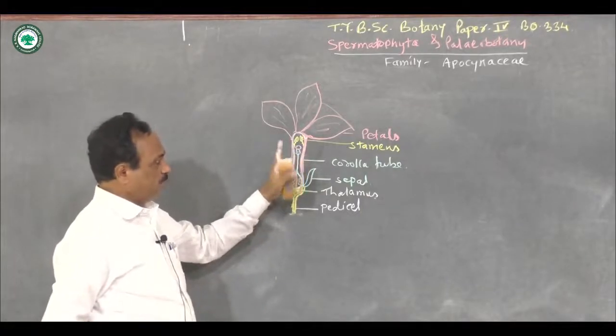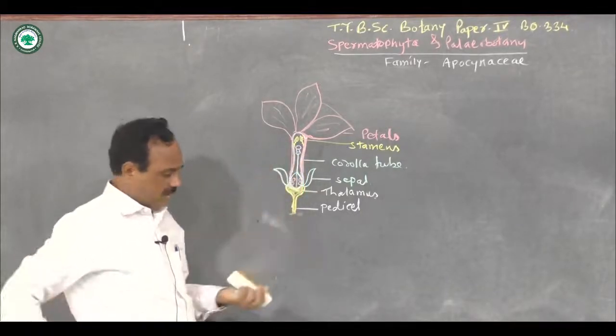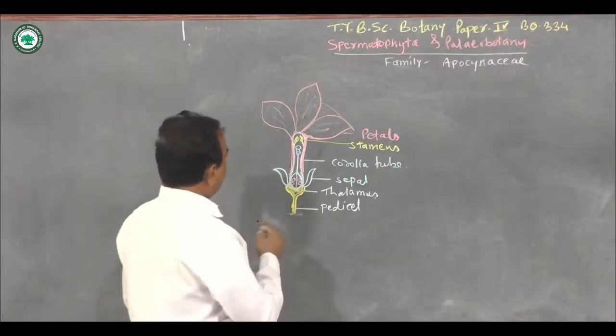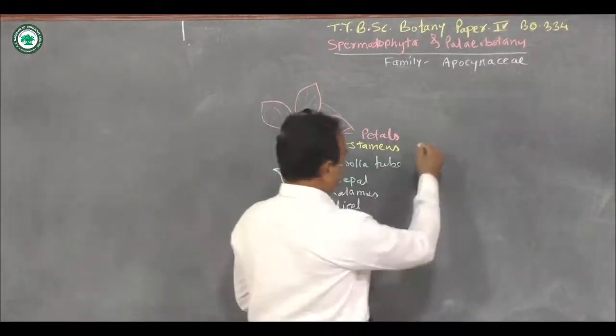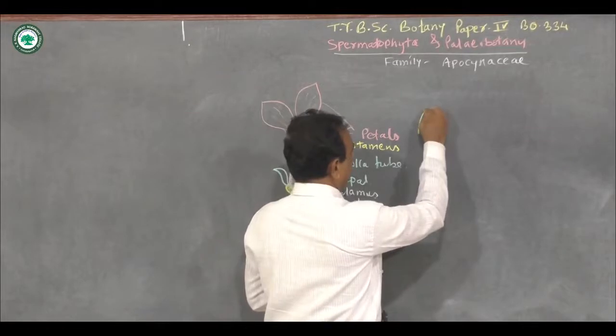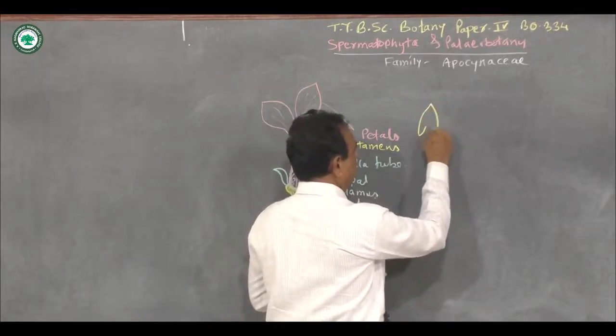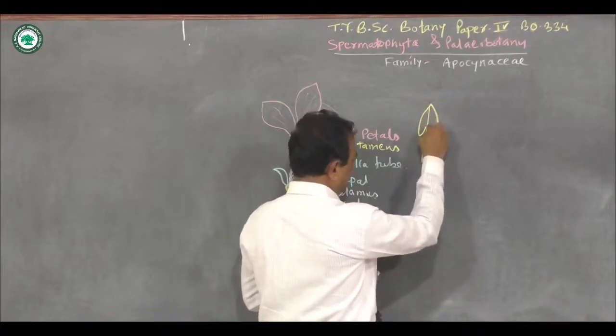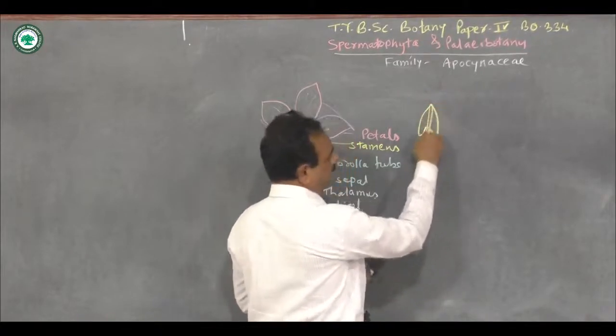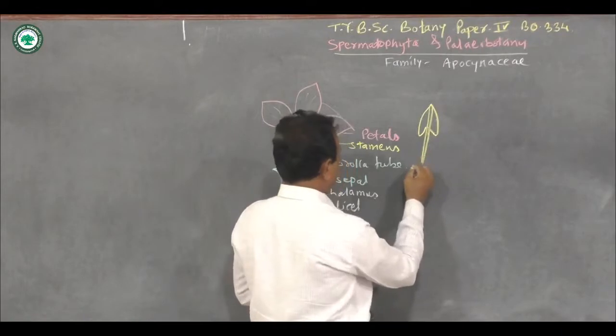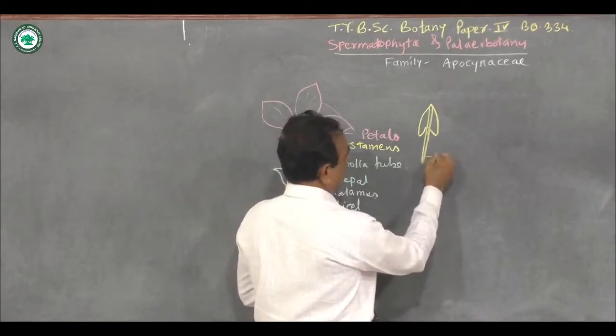So when we are going to describe the androecium, it shows the presence of the stamens 5, and the stamens show the presence of the anthers which are sagittate, that is the arrow-shaped. So the arrow-shaped stamens are present. So it is having the filament.